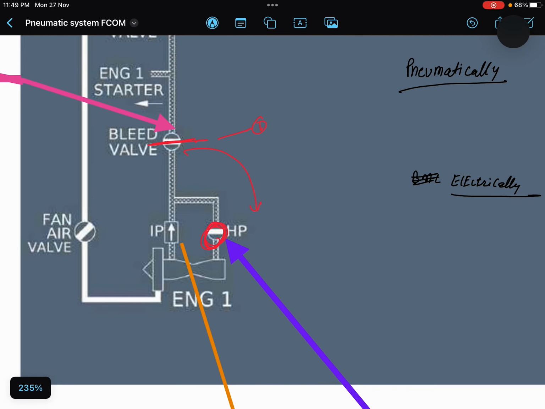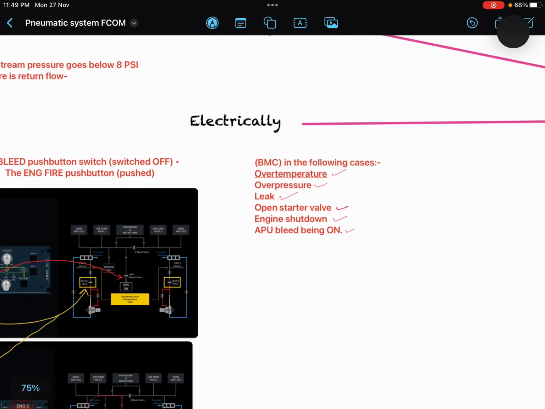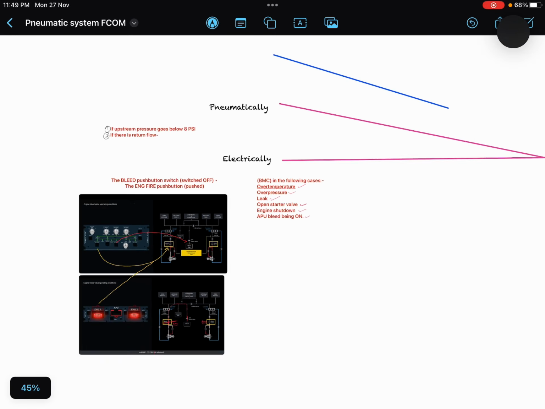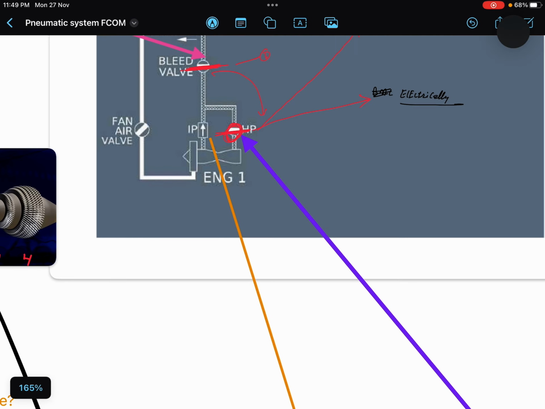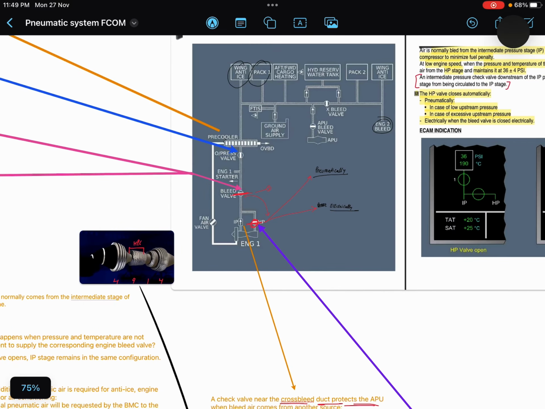So the HP valve can either be pneumatically closed or electrically closed. Whenever the bleed valve is electrically closed, this HP valve will also electrically close. So all the conditions of electric closure are similar for the HP valve also. Now comes the pneumatic closure conditions.